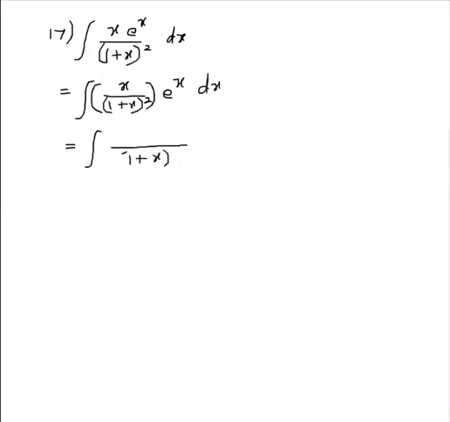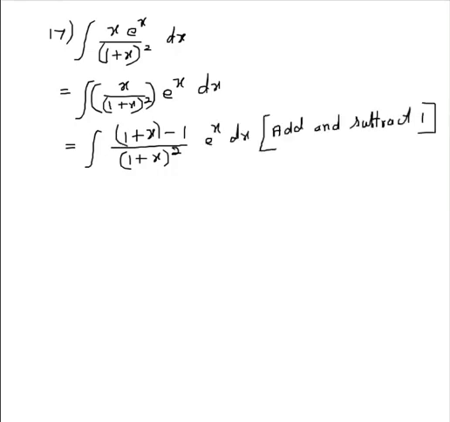Since the denominator has 1 plus x term, let us try to write the numerator also in terms of 1 plus x by adding 1 and subtracting 1. Now separate the terms. 1 plus x divided by 1 plus x the whole square becomes 1 divided by 1 plus x, and this becomes 1 divided by 1 plus x the whole square, times e power x dx.